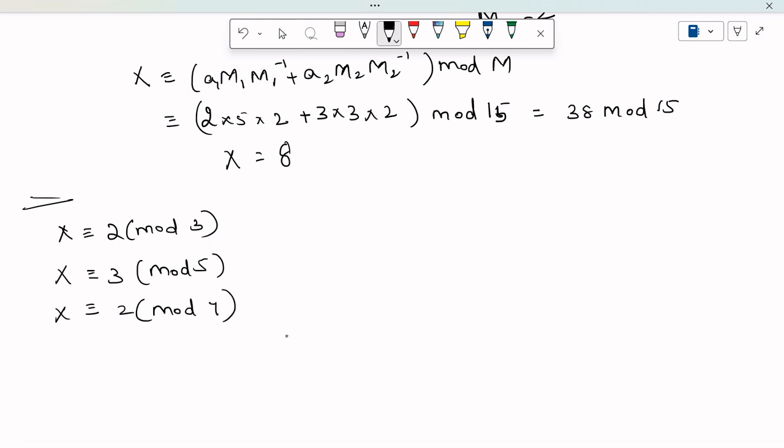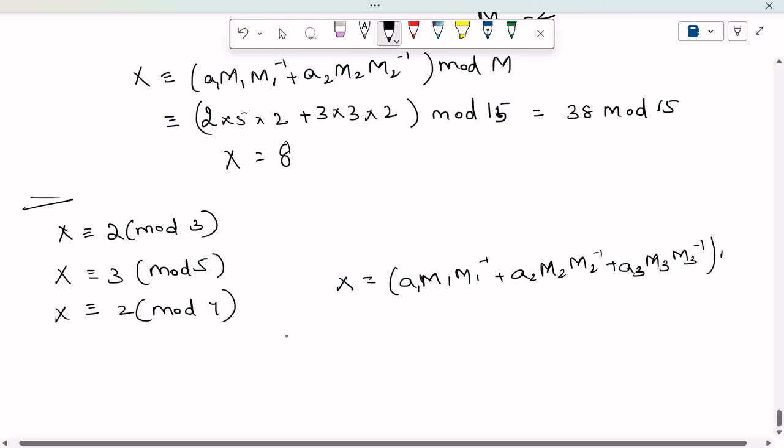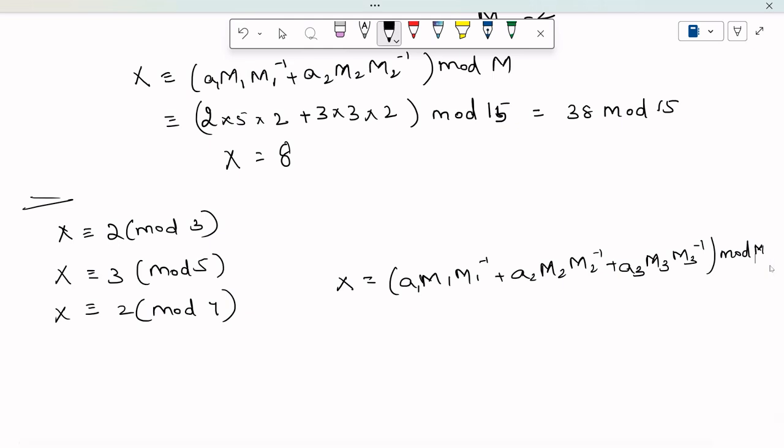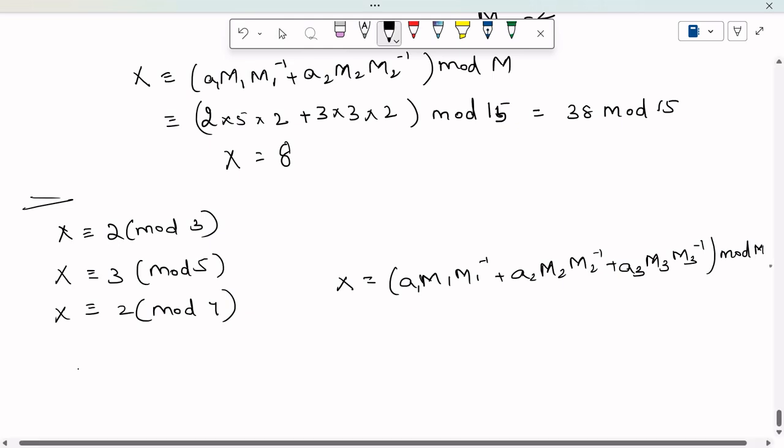So here the equation is X is equivalent to A1 M1 inverse plus A2 M2 inverse plus A3 M3 inverse mod capital M.